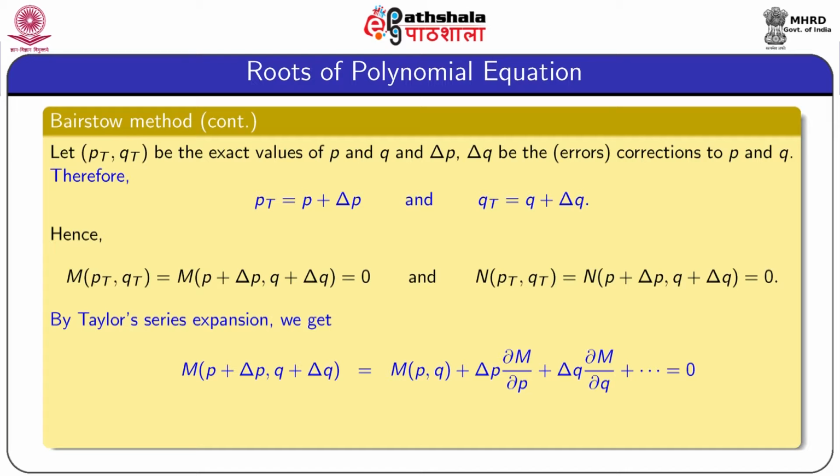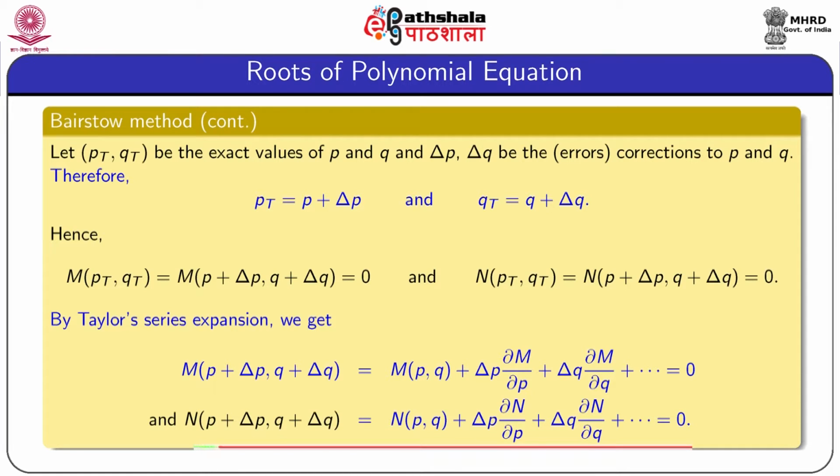Now by Taylor series expansion for two variables, m of (p plus delta p, q plus delta q) is equal to m at (p, q) plus delta p into the first partial derivative of m with respect to p plus delta q into the first partial derivative of m with respect to q, and so on, and equals 0. Similarly, n of (p plus delta p, q plus delta q) equals 0.